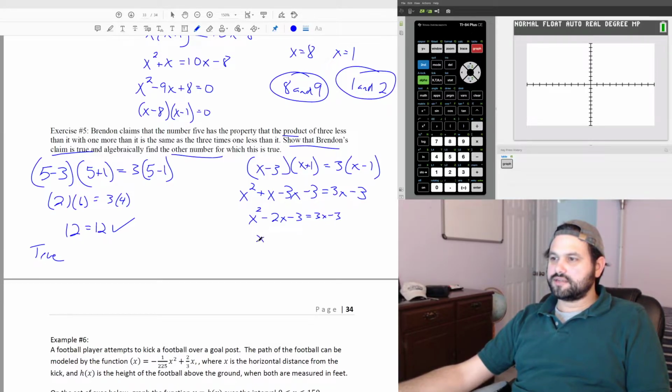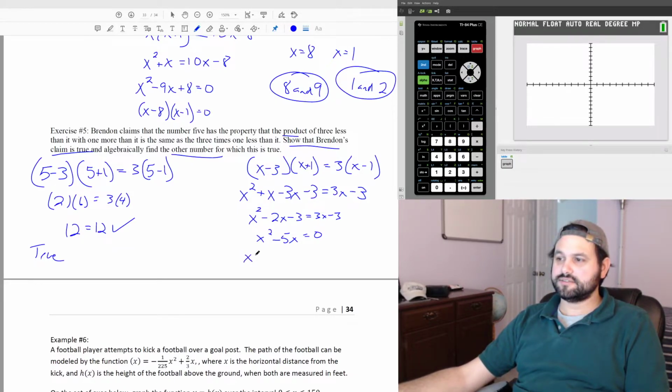Subtract the 3x. Now I'm going to add 3, and when I do that, it cancels, and I get x squared minus 5x. This is much better because now I can factor this like so. And so I get x equals 0 and x equals 5, which is what I was expecting.